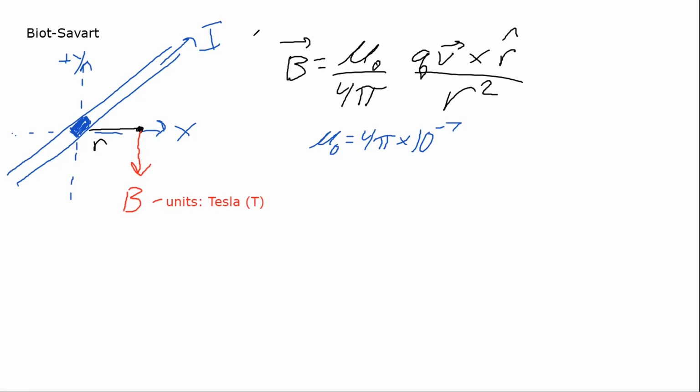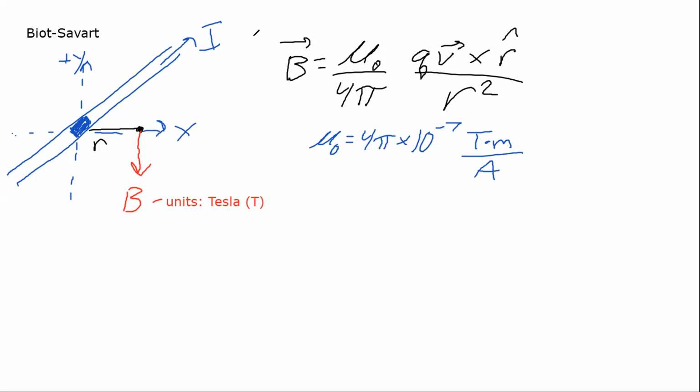Well, that 4 pi in the denominator is not always going to be there. So mu0 is equal to 4 pi times 10 to the negative 7, and the units for mu0 are Tesla meters over amps.